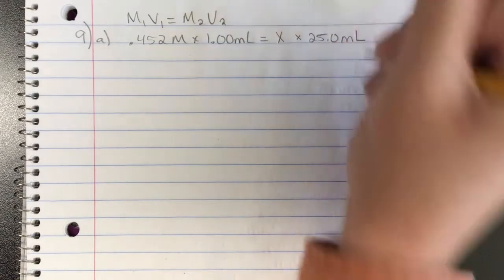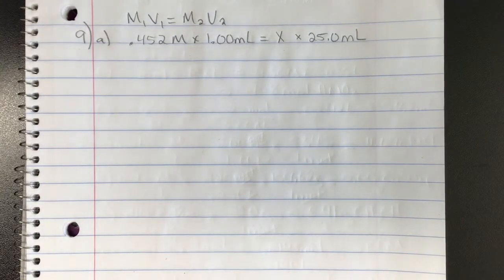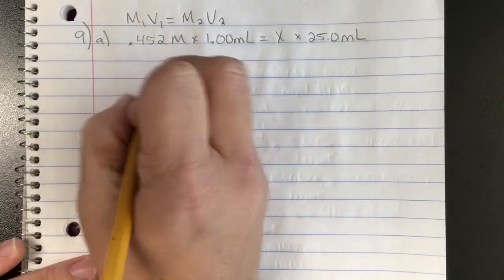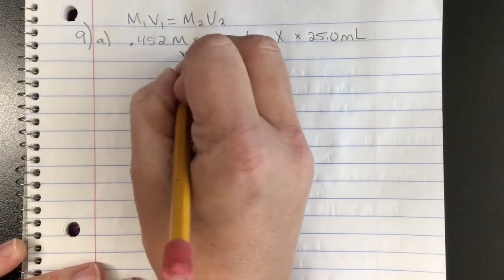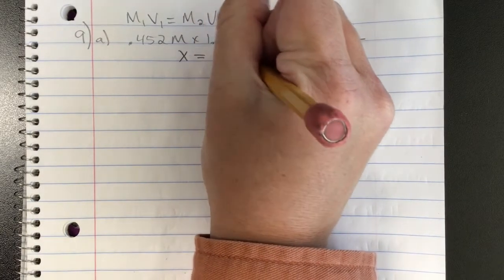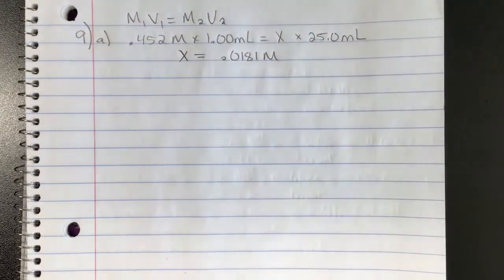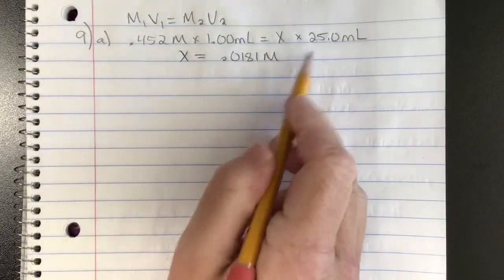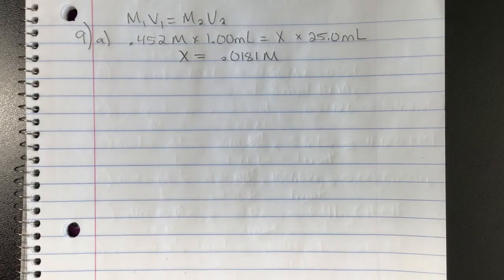So you don't need to change the volume to liters because both of the volumes are in milliliters, so they'll cancel, so you don't have to worry about it. Okay, so we find that X is equal to 0.0181 molar. Just multiply these two, divide by 25, it gives me 0.0181.